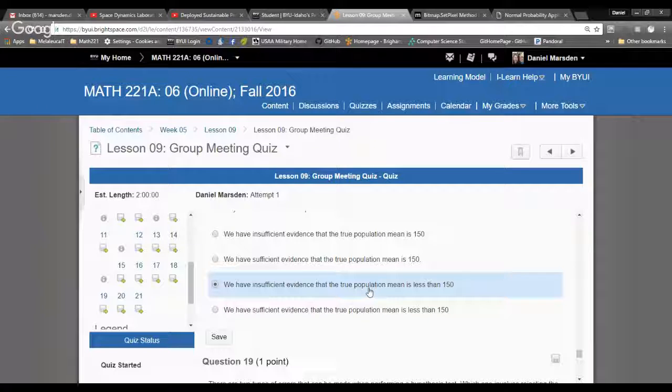I think. Yeah, I think it's C. We have insufficient evidence that the true population mean is less than 150. That sounds right.